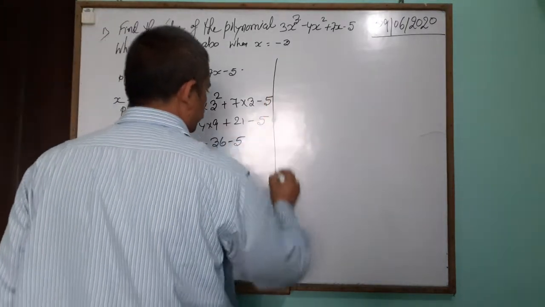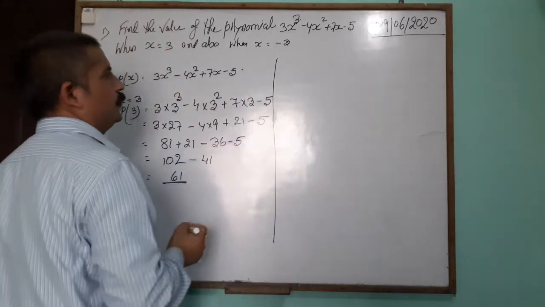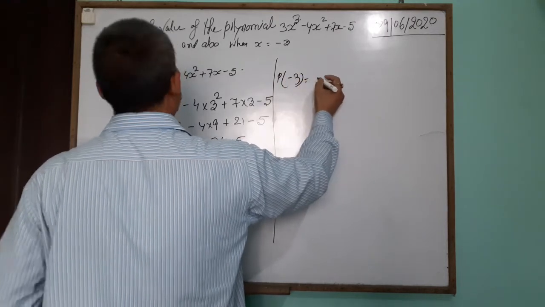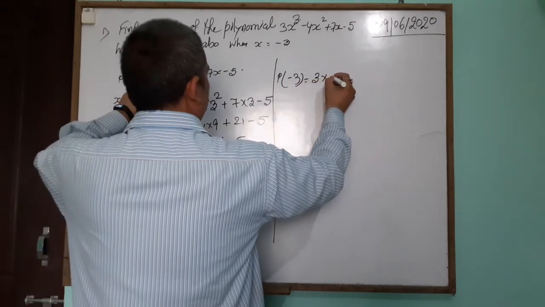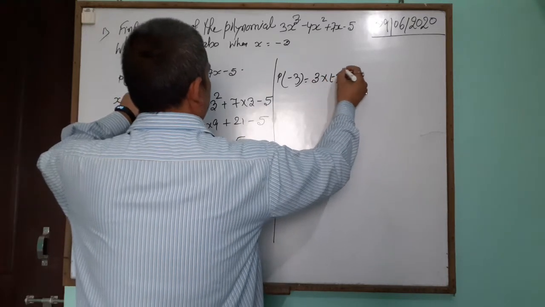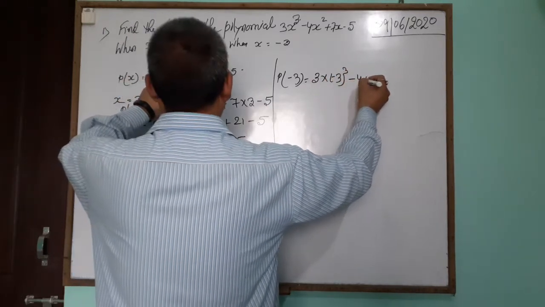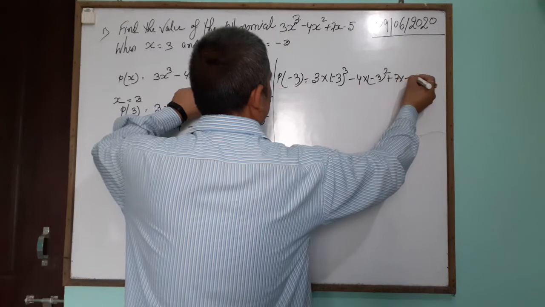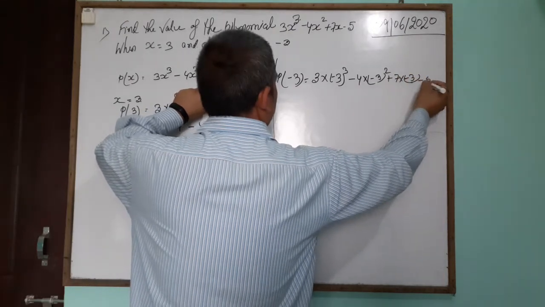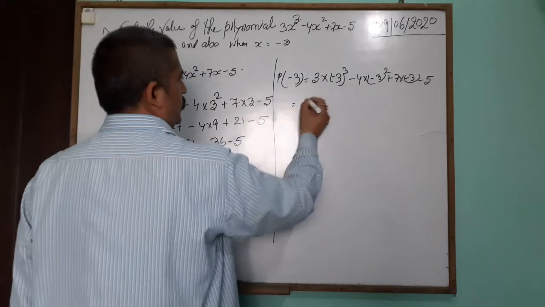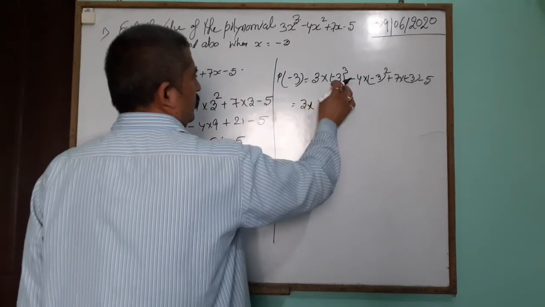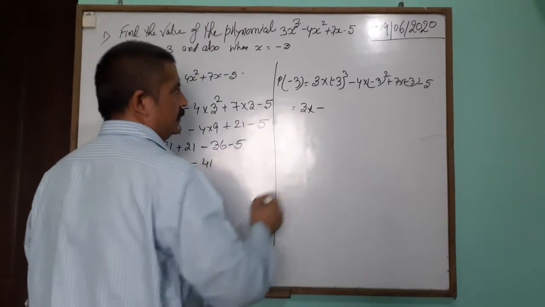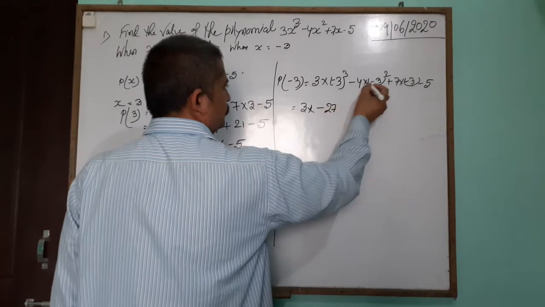Now put the value of x as minus 3. So 3 into minus 3 cube minus 4 into minus 3 square plus 7 into minus 3 minus 5. So 3 into minus 3 power 3, we get a negative value, minus 27.